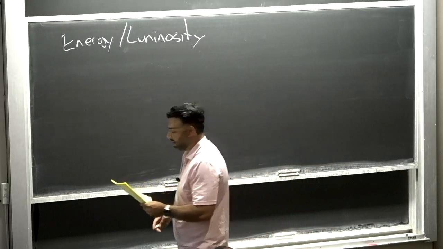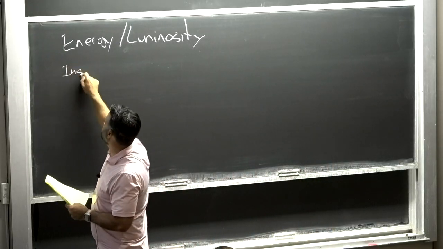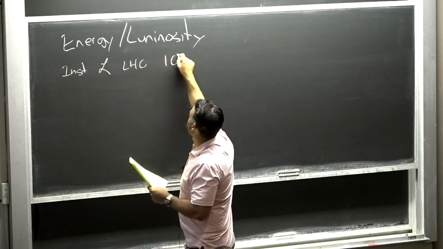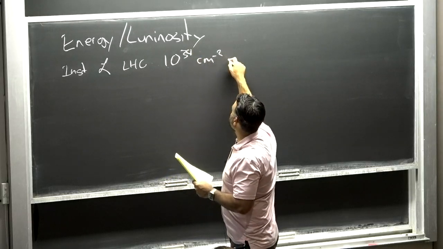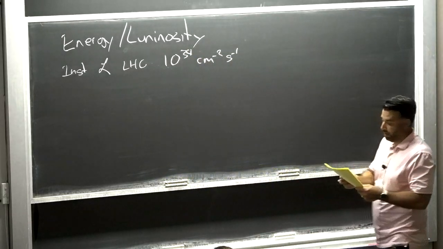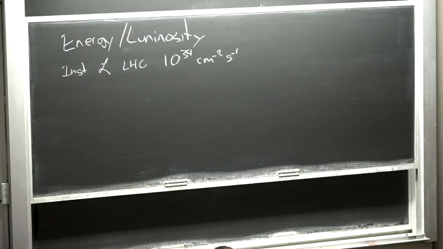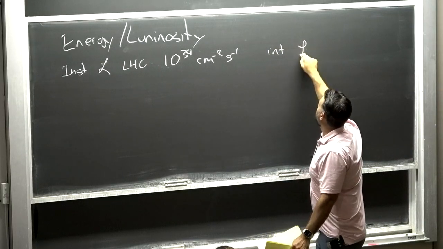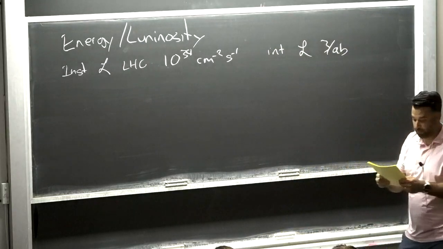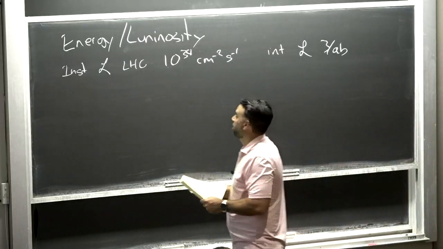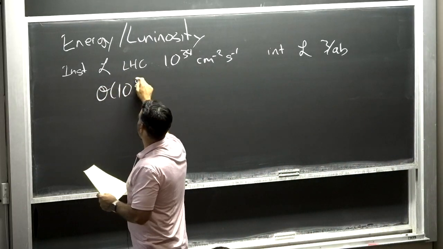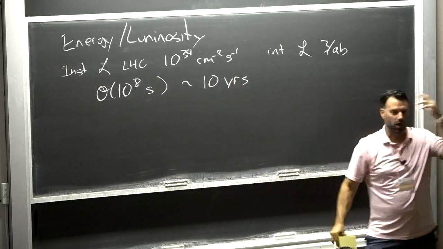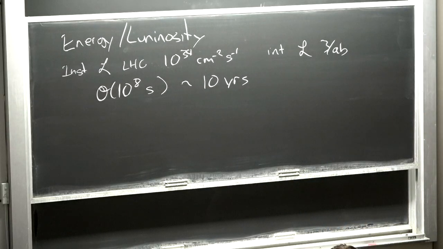The estimate we did last time was that the instantaneous luminosity at the LHC was 10^34 centimeters squared per second. With this, and wanting an integrated luminosity of 3 inverse attobarns, we came up with a figure of order 10^8 seconds, or 10 years. So that's where we left off in explaining why the LHC is this 30-plus year program to accumulate this much data.